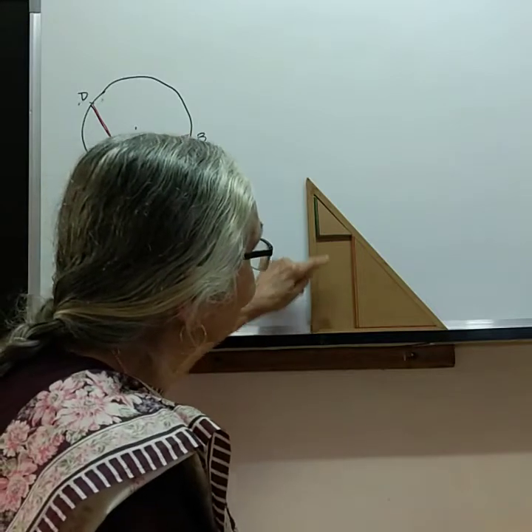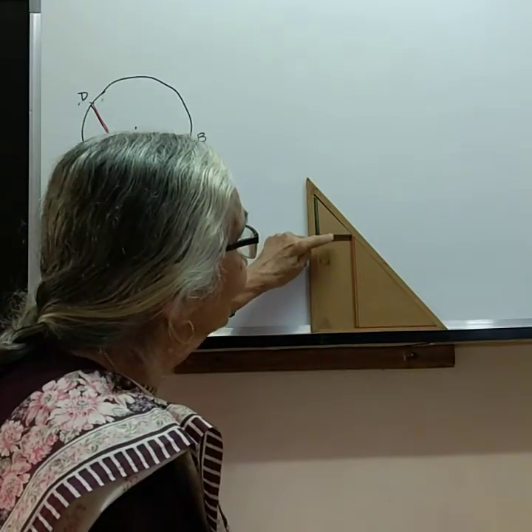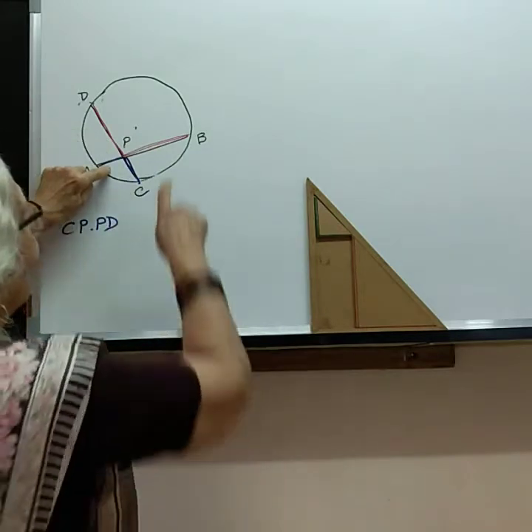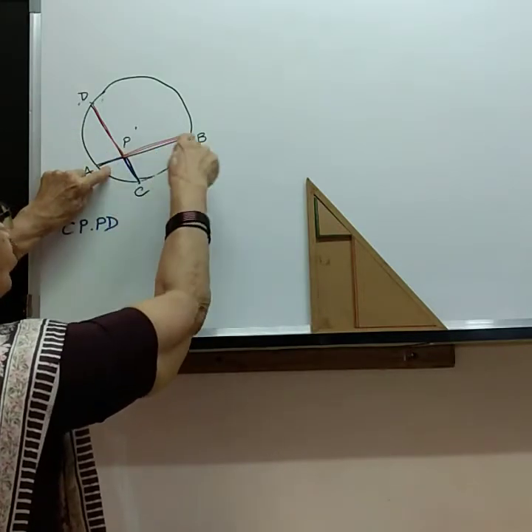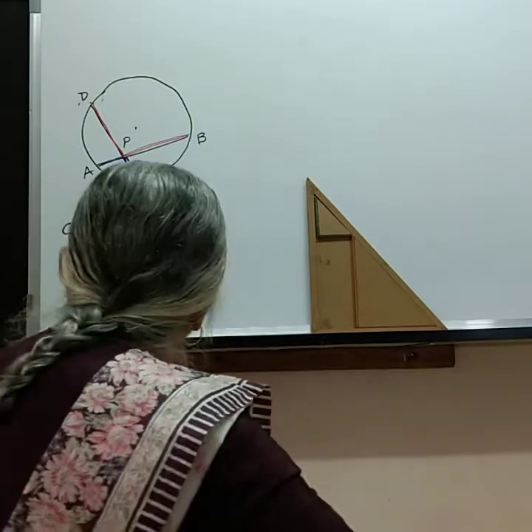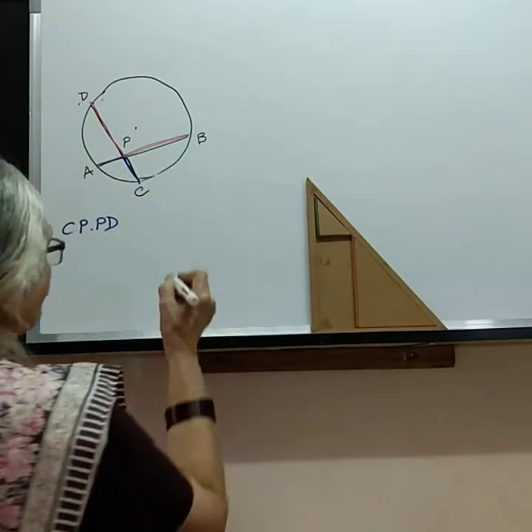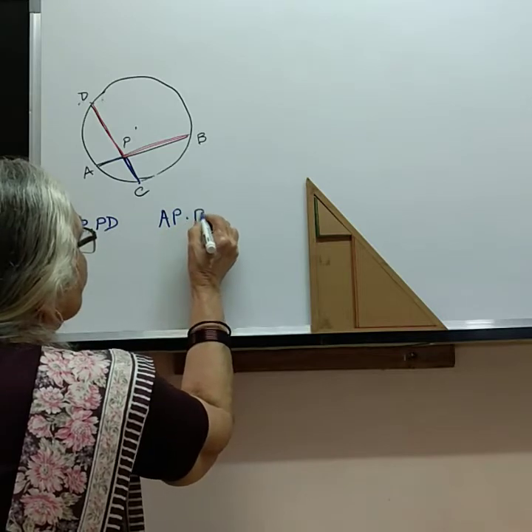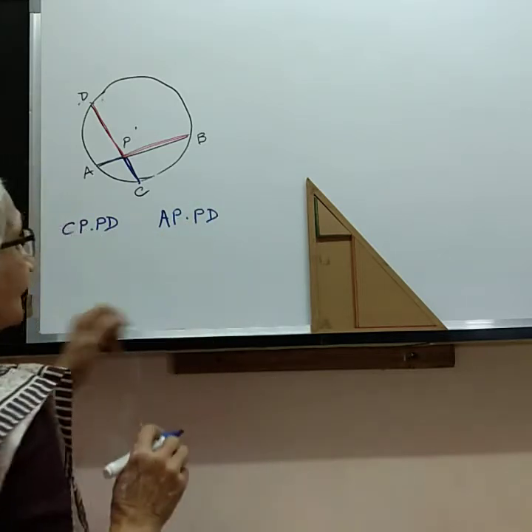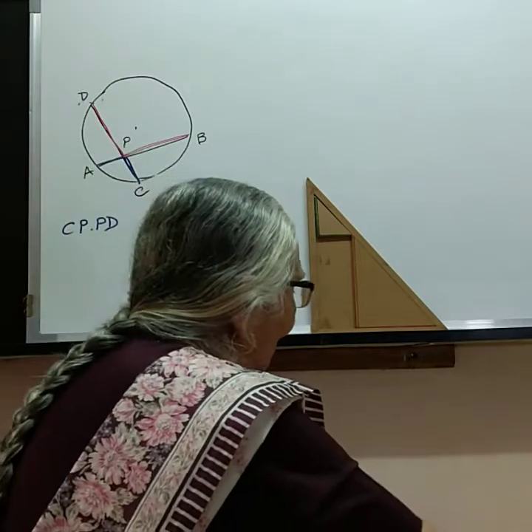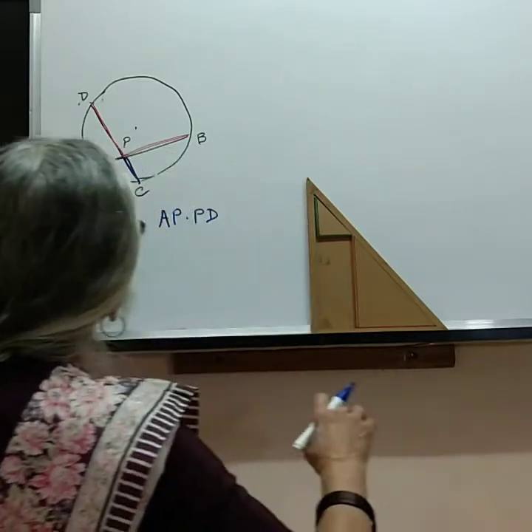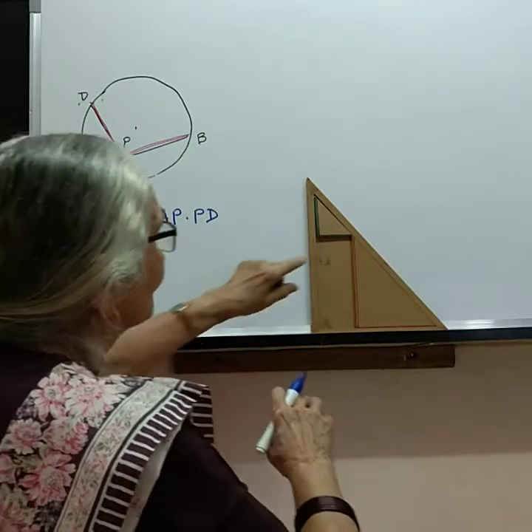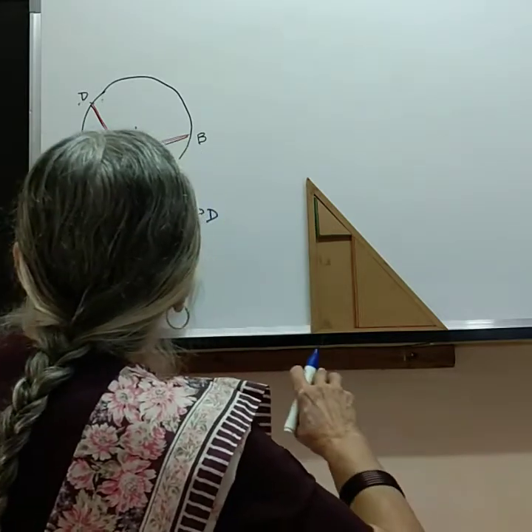What remains is a rectangle with two sides, single green and double red, that is AP into PB.